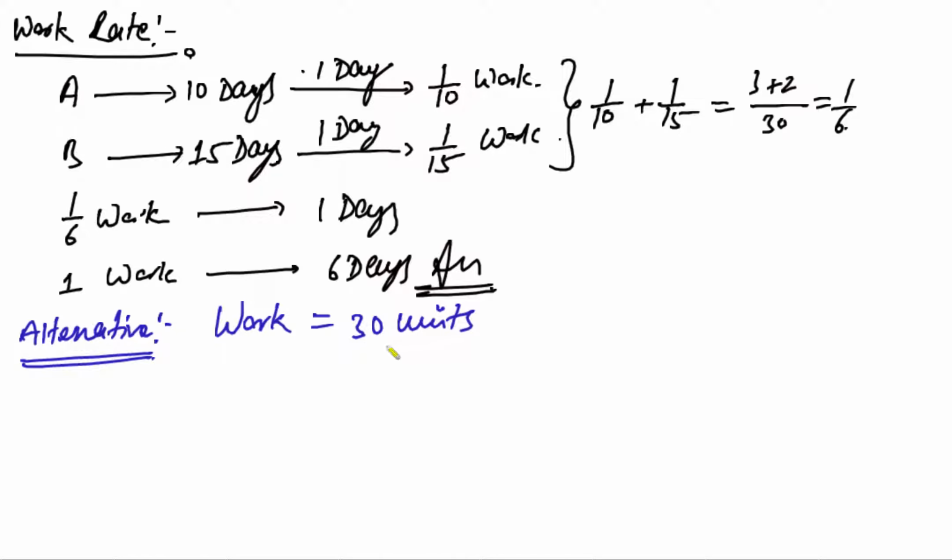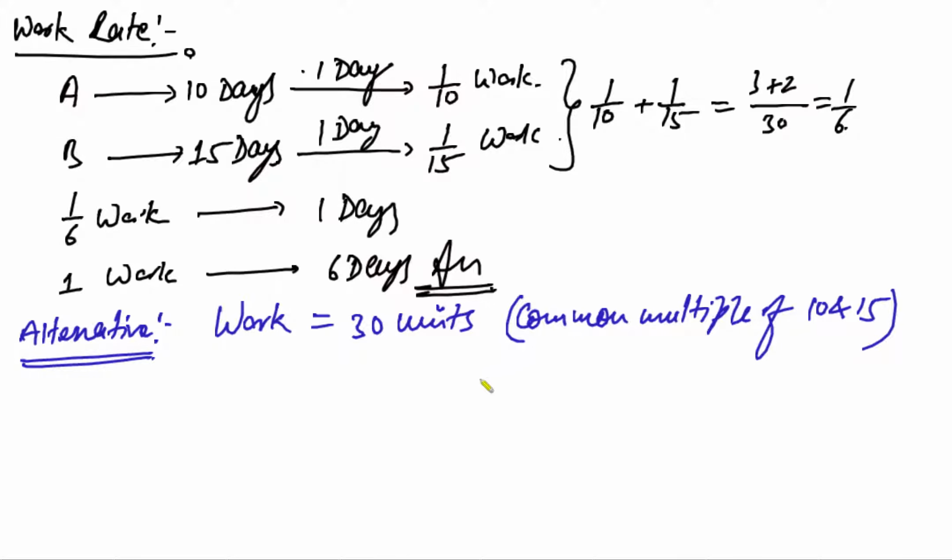To assume the work units, I have to take any common multiple of 10 and 15, that means the number of days in which the work is being finished by them individually.